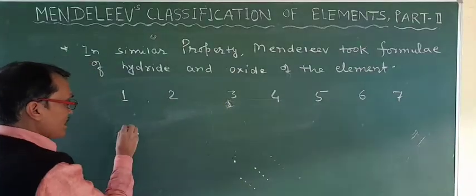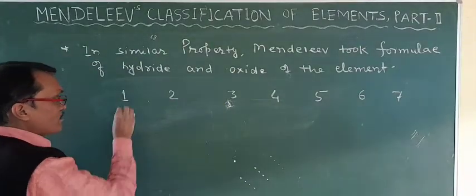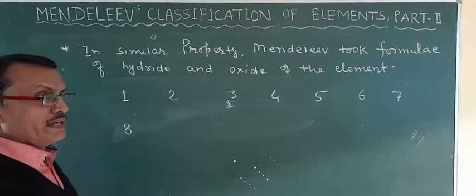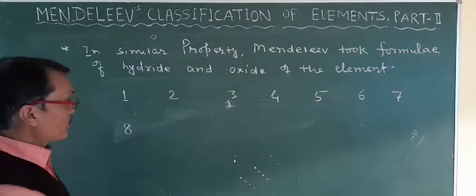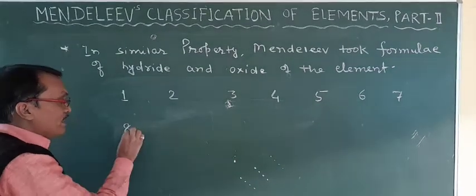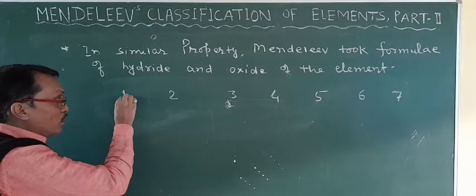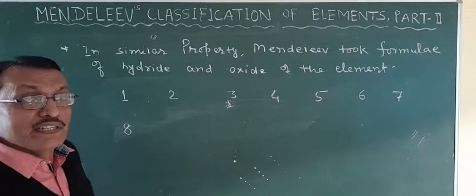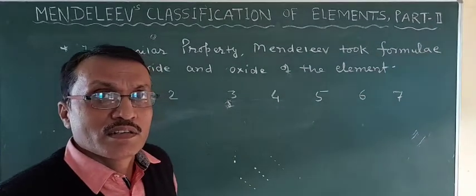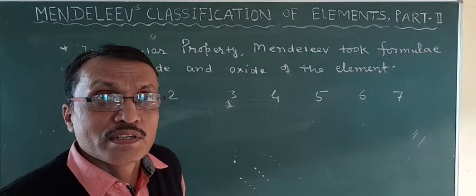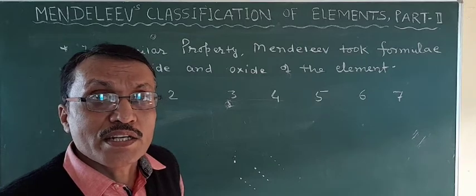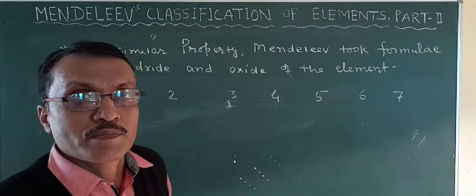Now after 7, element 8 comes just below element 1. But students, before keeping element 8 below 1, he checked the formula of oxide and hydride of element 8.